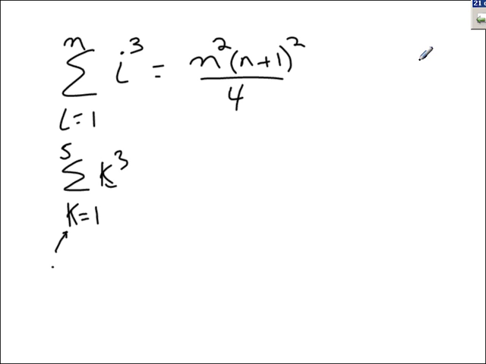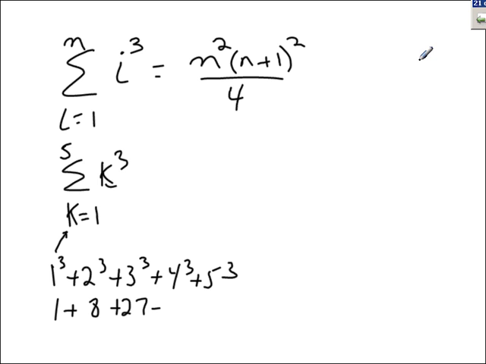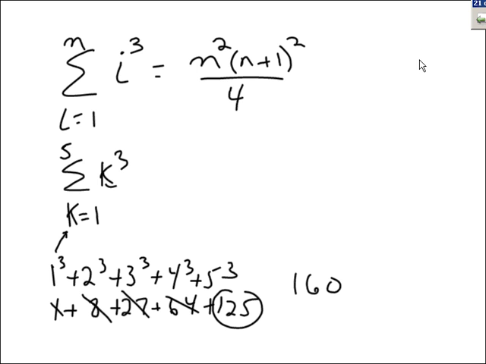This is going to be 1 cubed plus 2 cubed plus 3 cubed plus 4 cubed plus 5 cubed, which is 1 plus 8 plus 27 plus 64 plus 125. Those add up to 35. Added to that, that's 160. 64 and 1 are 65. So I guess the answer is 225.